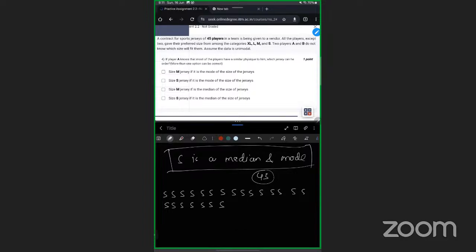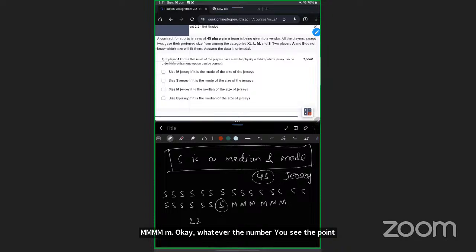All these people bought S size jerseys. How many are there? 22. Now I started buying M. Whatever the number, the point is the 22nd is the S size.